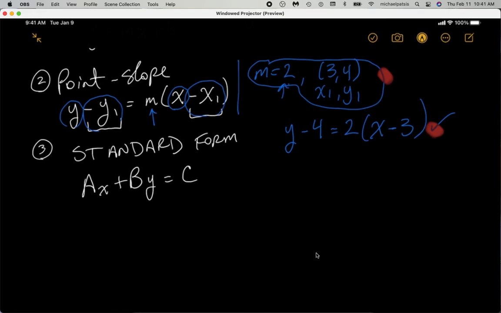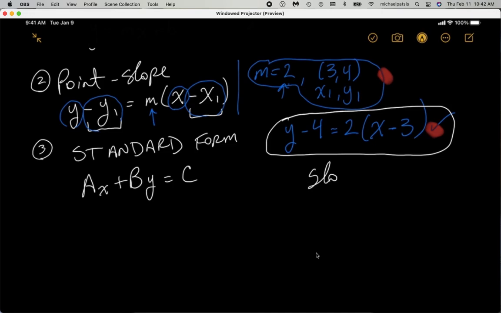Okay, if they ask you to graph this, don't hesitate to convert this to the formula that's easy to graph. And what is that formula? The slope-intercept formula.